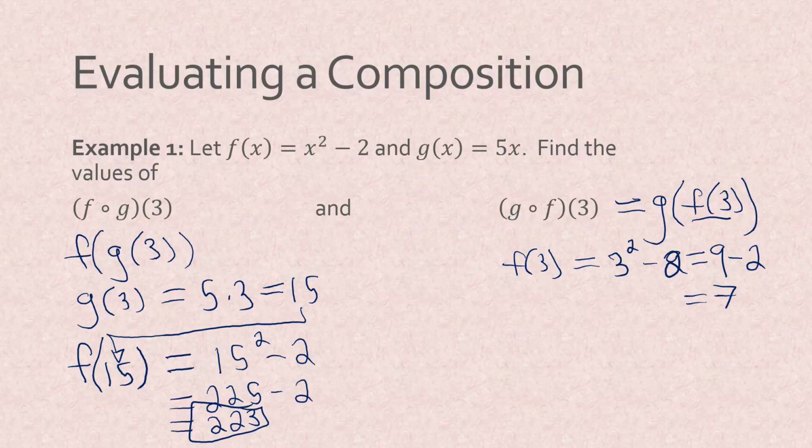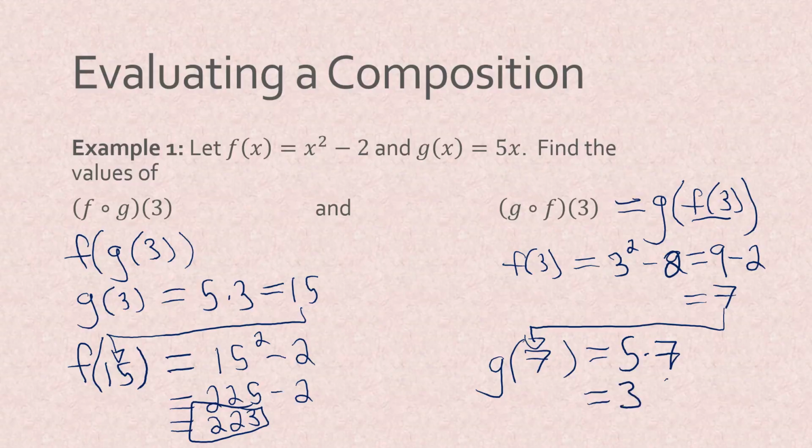And now that value of 7 that we got for f of 3, we're going to take and plug into g, and that produces 5 times 7, which we know to be 35.